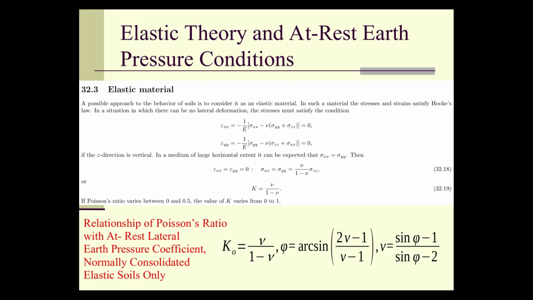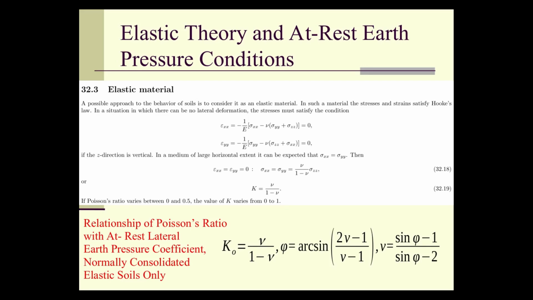Once we apply those to the normal theory of elasticity equations, which you'll see in an advanced mechanics of materials course, you end up with the relationship between the vertical and horizontal stresses. The horizontal stress over the vertical stress is equal to nu, Poisson's ratio, over 1 minus nu.